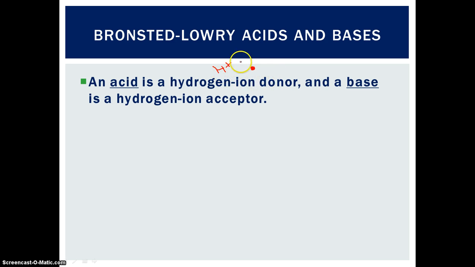So a hydrogen ion is the same thing as a proton. A single proton by itself is essentially a hydrogen ion. And a base is a hydrogen ion acceptor, so a proton acceptor. So an acid is a donor, a base is an acceptor.